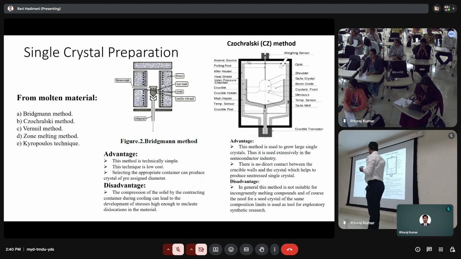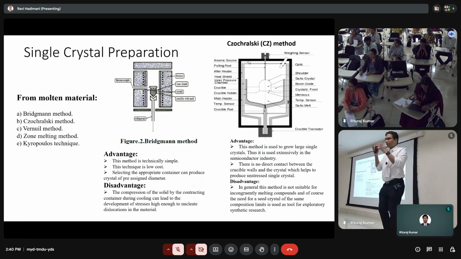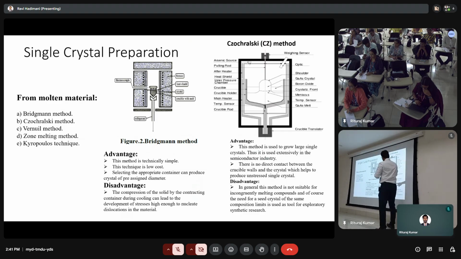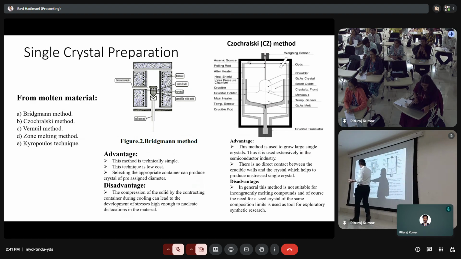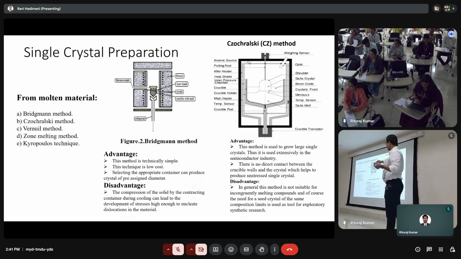Some have different mechanisms to pull, but the basic idea is to take a molten material, use a seed, and make the material grow using that seed. Okay, so you get a single crystal sample, and each of them has certain limits. Bridgman won't give you bigger than 10 centimeters, though it depends on which material you are growing.